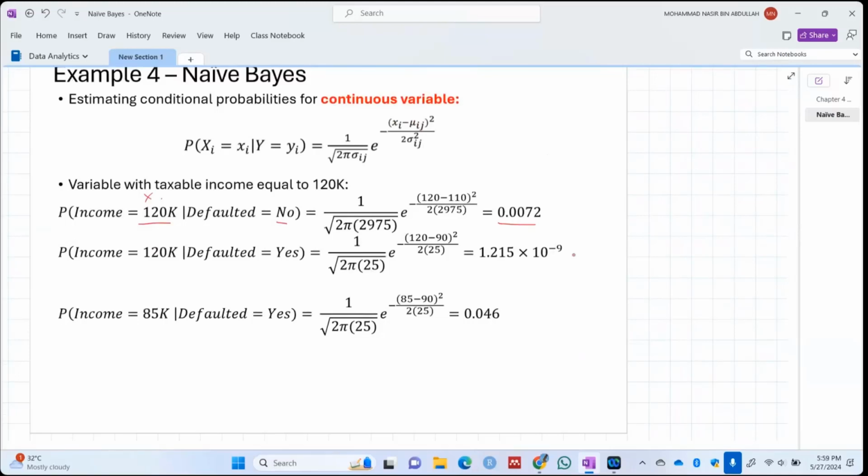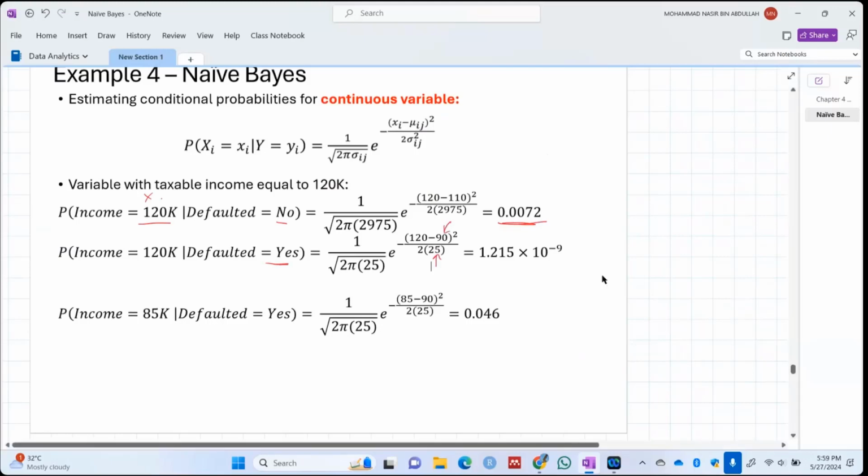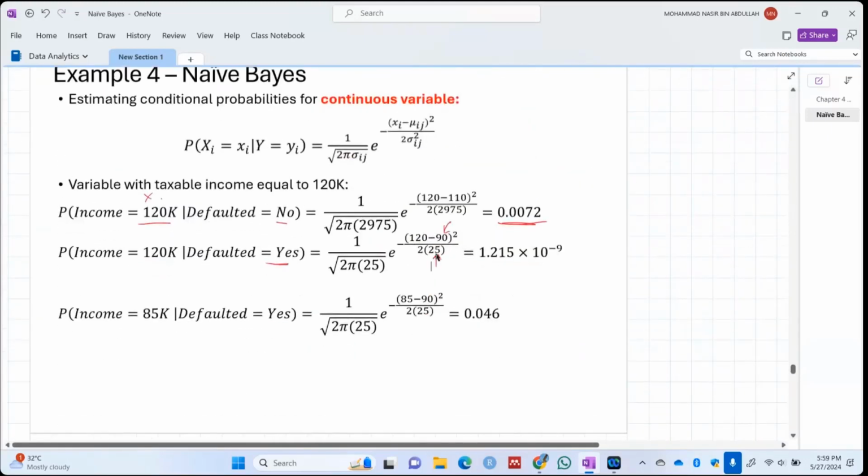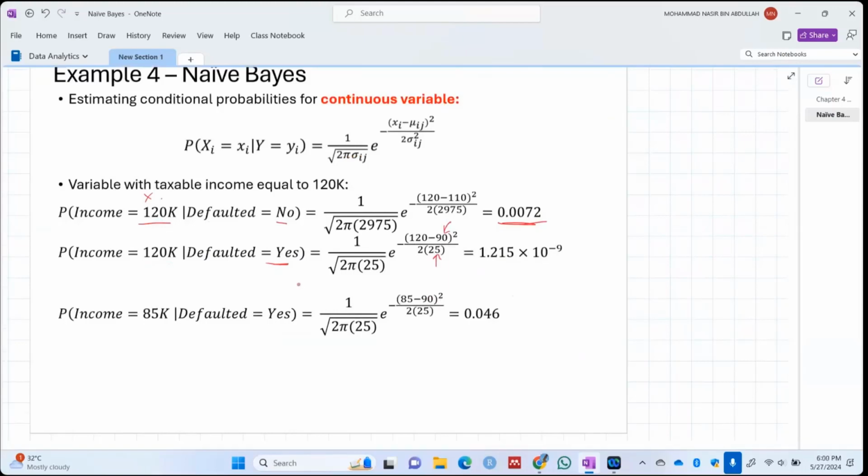You will get 0.0072. And then we calculate for default equal to yes. You input the mean for yes and the variance, standard deviation for yes, and then we will get 0.000 something. It's very small compared to the no.